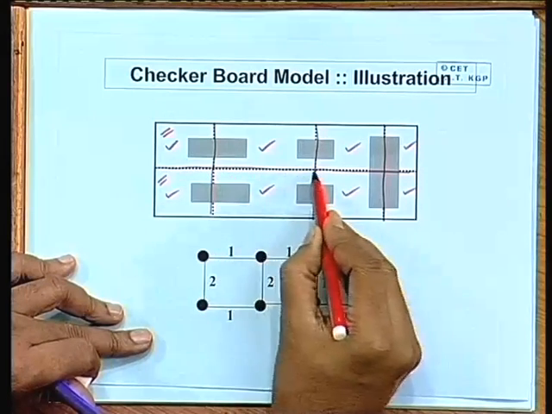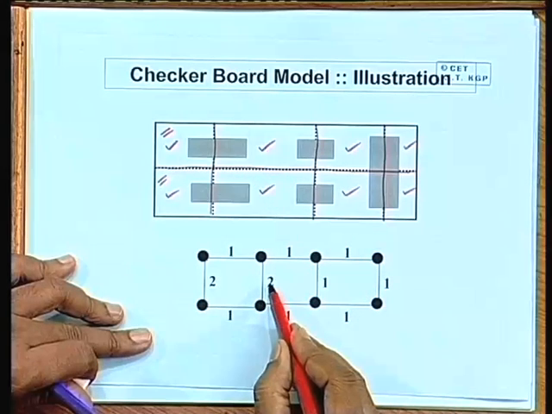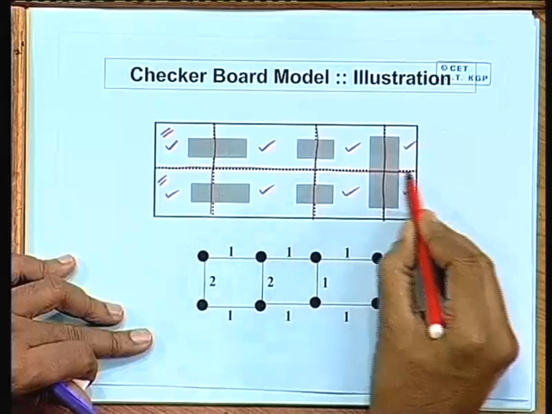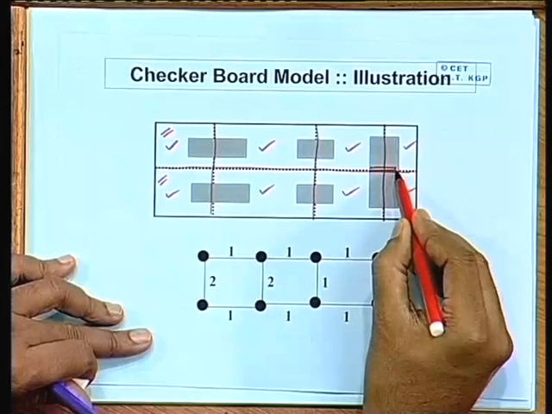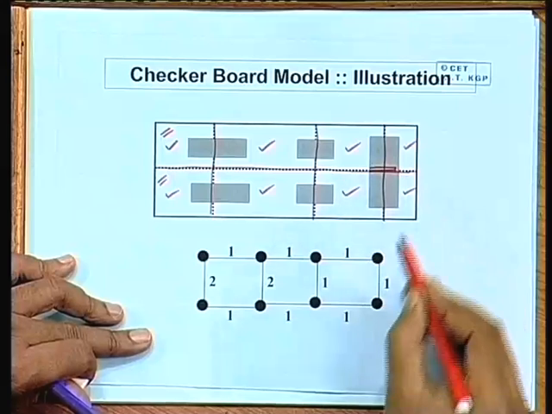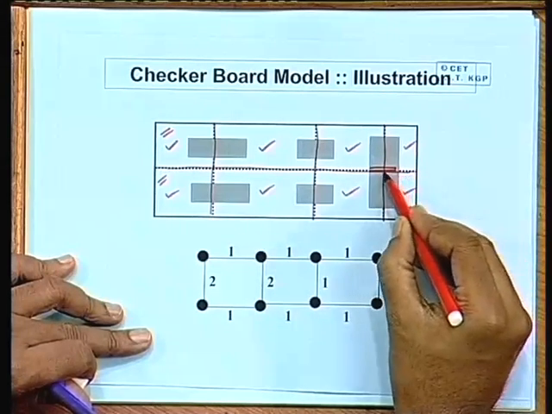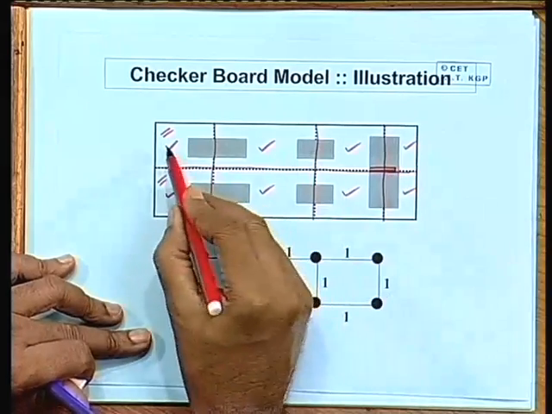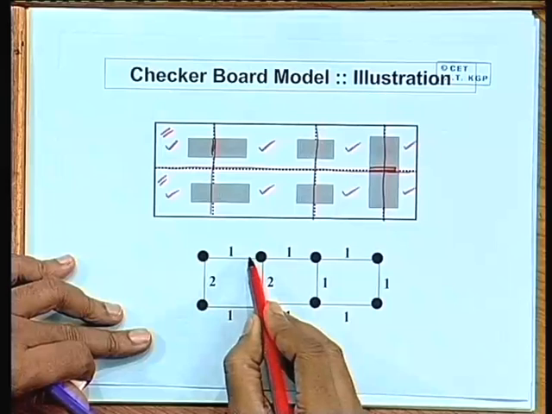Similarly, this boundary is also unobstructed, so it also has a weight 2. But you look at the other boundaries, say you take this boundary, it is partially obstructed by this obstacle. So, it has a weight of 1. This too is partially obstructed, so it has a weight of 1. You take this and this, partially obstructed, a weight of 1.